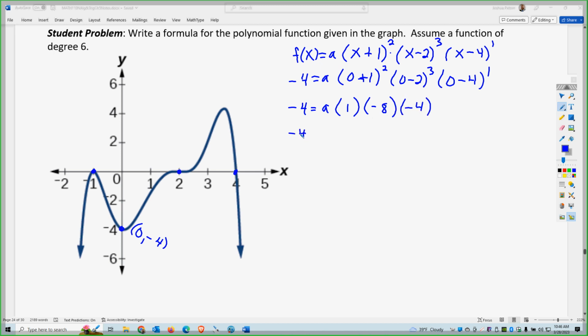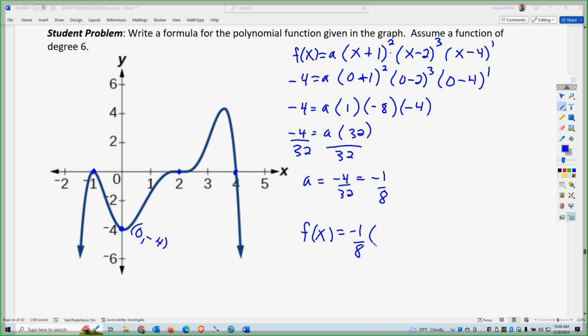So negative 4 equals a times 32. So if I divide by 32, a equals negative 4 over 32, which is of course negative 1/8. So the function is negative 1/8, x plus 1 squared, x minus 2 to the third, and x minus 4 to the 1.